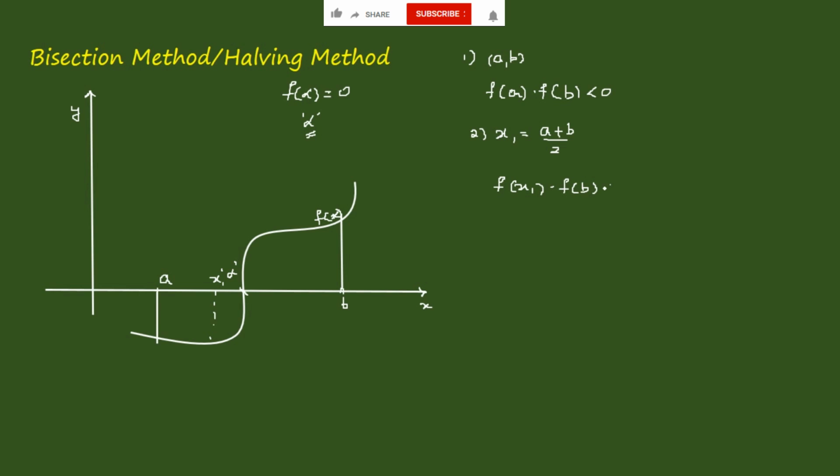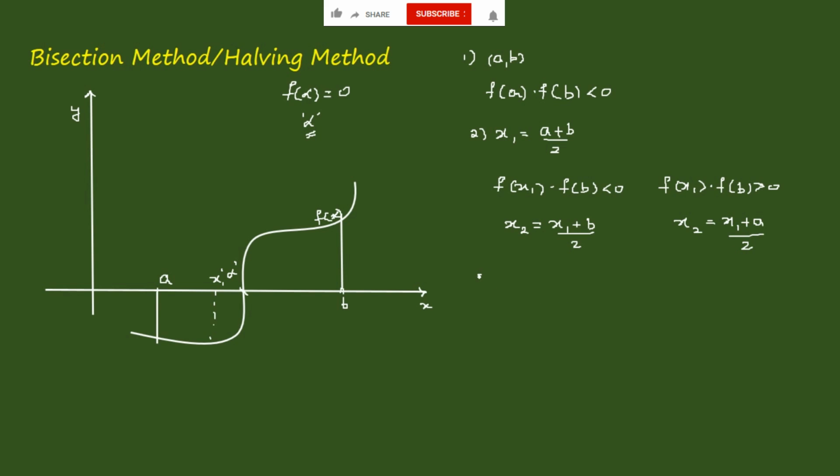It will be less than 0, or f of x1 into f of b can be greater than 0. If it is less than 0, then we find one more value, x2, which is equal to x1 plus b by 2. Else x2 will be equal to x1 plus a by 2.